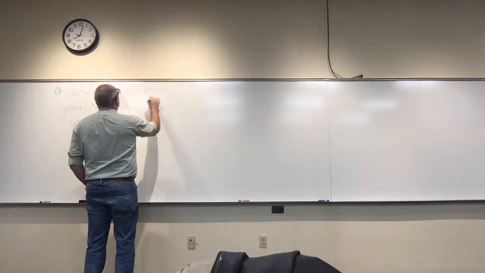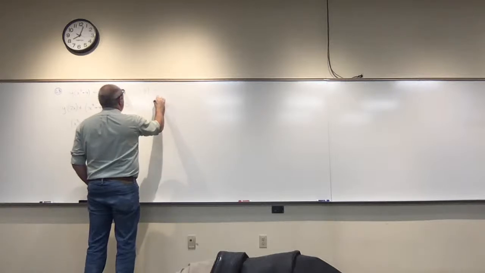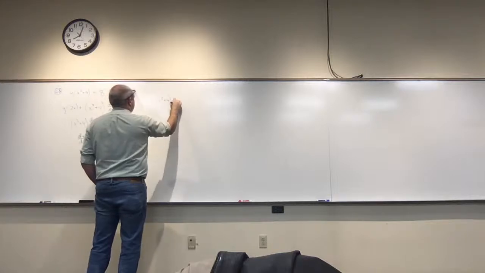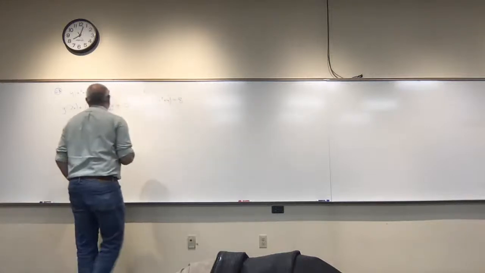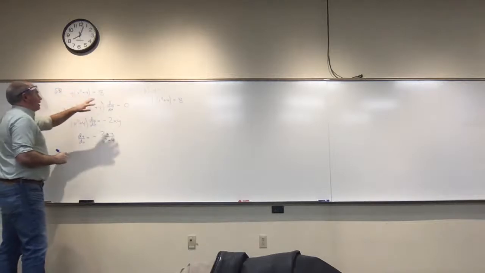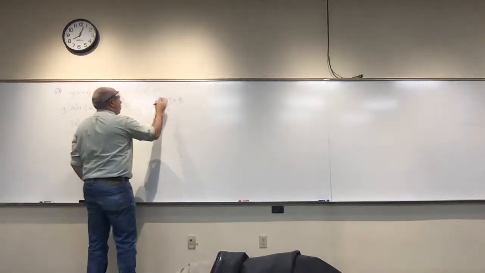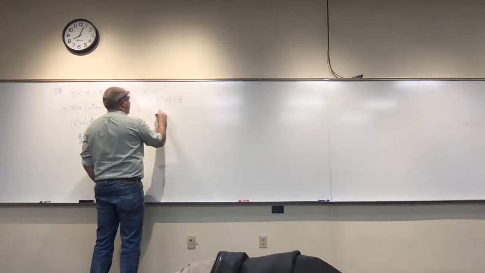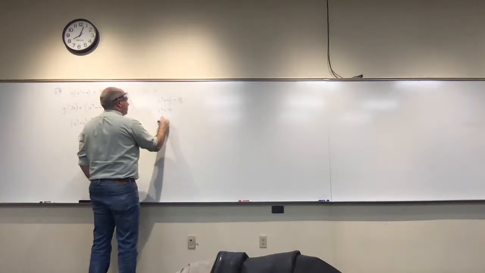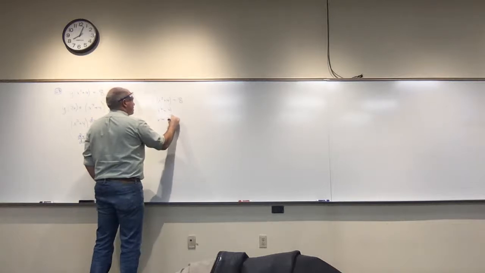So I get 1 times x squared plus 4 is equal to 8. In fact, this is actually a function because I could solve it for y, but I can figure out either way what the x values are. So x squared is equal to 4, and x would be plus or minus 2.